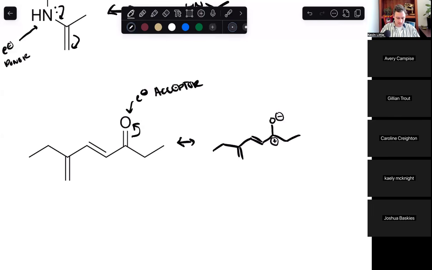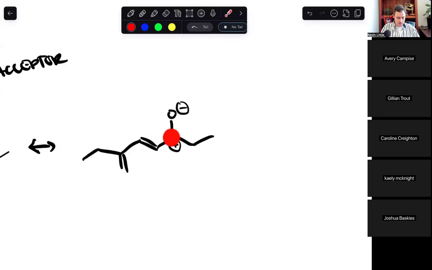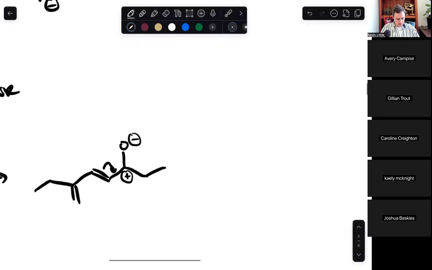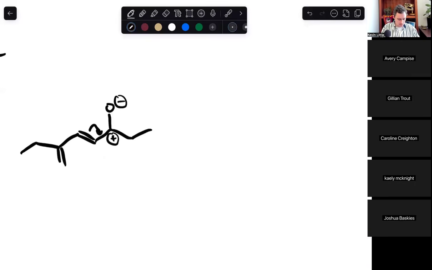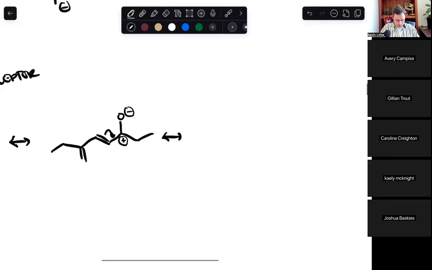And then whenever I see a carbocation, whenever I see a positive charge on a carbon and a double bond next to it, I can do kind of what I was doing up there, where I'm just flipping the double bond with the charge, but the arrows are a little bit different because we're pushing electrons in the opposite direction.